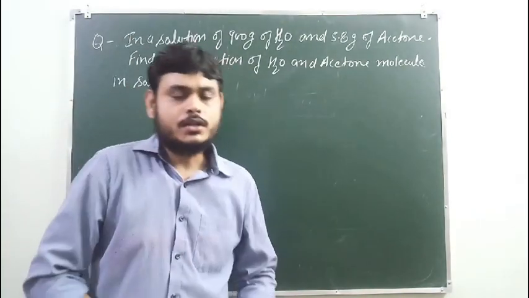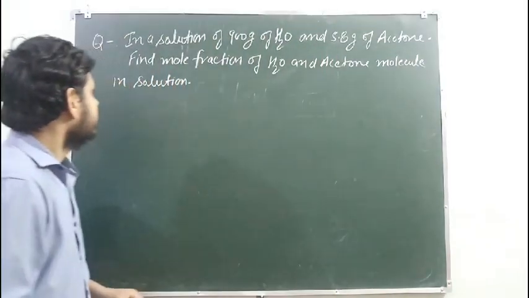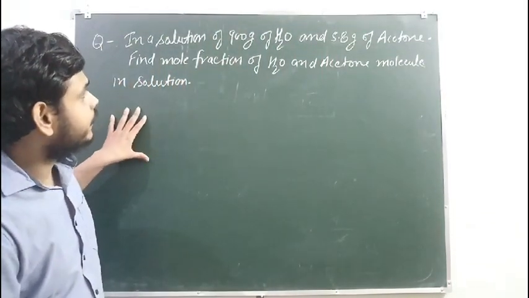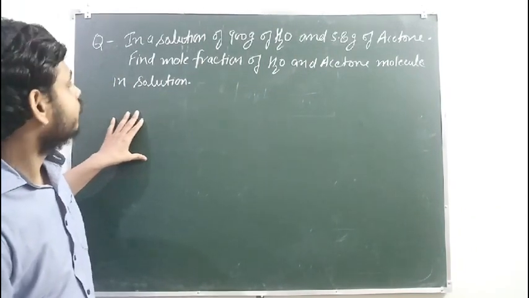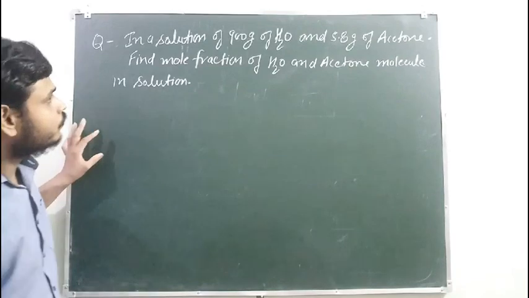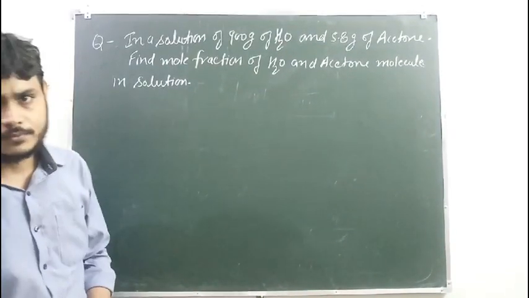This is the first question, which is based on the mole fraction. The question is, in a solution of 900 gram of H2O and 5.8 gram of acetone, find the mole fraction of H2O and acetone molecule in the solution.